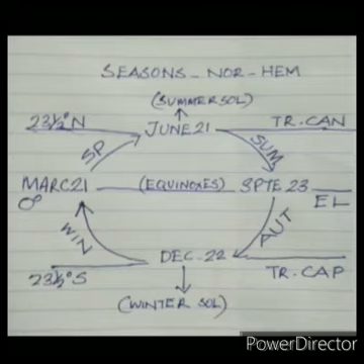Look at the picture again. From March 21st to June 21st, Northern Hemisphere experiences spring. I have noted there SP. During this time, Southern Hemisphere experiences autumn. That's noted opposite to SP.